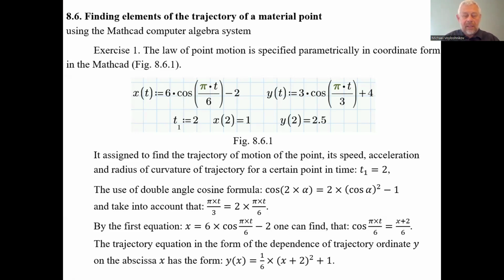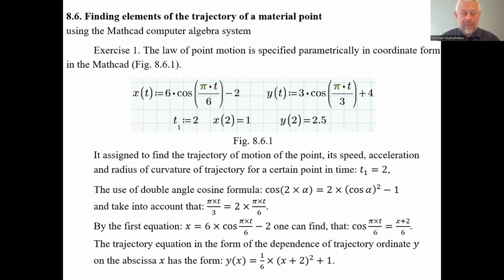Next, to find the velocity of the material point, the magnitude of the velocity and its components in the coordinate form. And next, find the acceleration of the material point and the components of the acceleration in the coordinate form and in the coordinate system associated with the moving point.